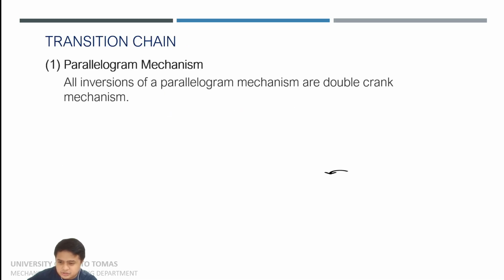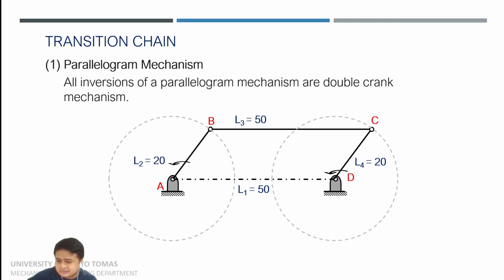So the first basic mechanism is the parallelogram mechanism, wherein you have basically a parallelogram, so you have two equal opposite sides, and if you sum these two, you will have an equality in the Grashof criterion. So these two can fully revolve, as you can see. You can fully revolve link AB and CD.